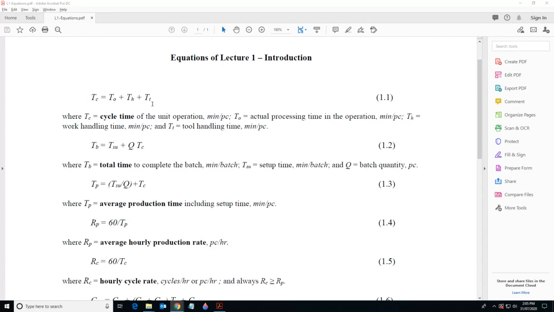TT is the time needed to replace the cutting tool when it is blunt and not to be used anymore.